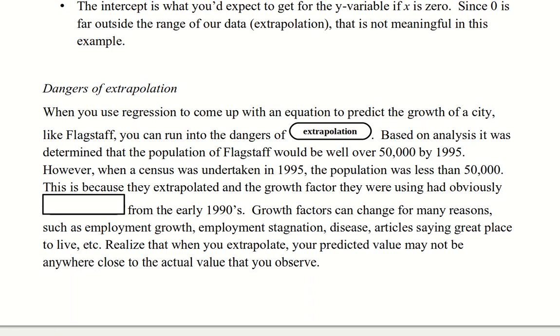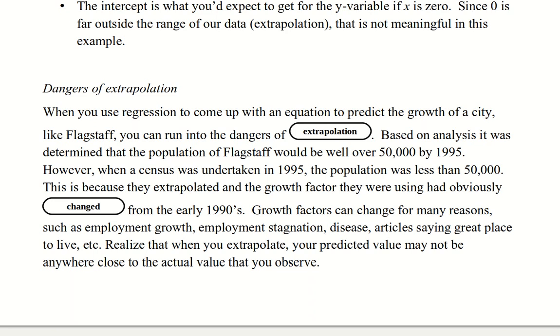In 1995, the population of Flagstaff would be well over 50,000. But when the census for 1995 actually happened, the population was less than 50,000. The reason that estimate was so far off is because they had extrapolated the growth factor from the early 1990s. And of course, it had changed since then.